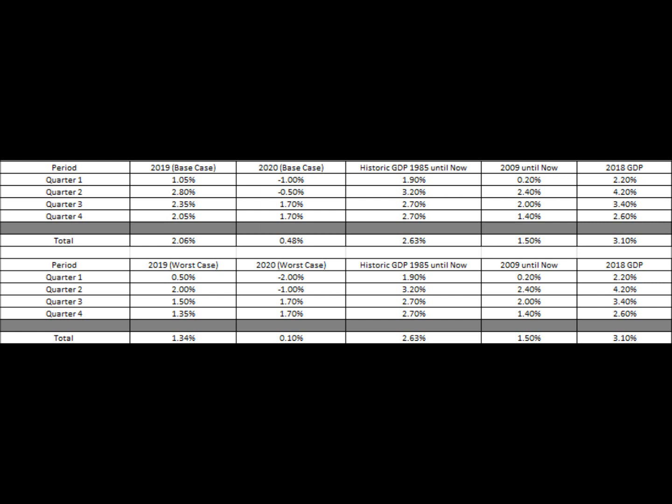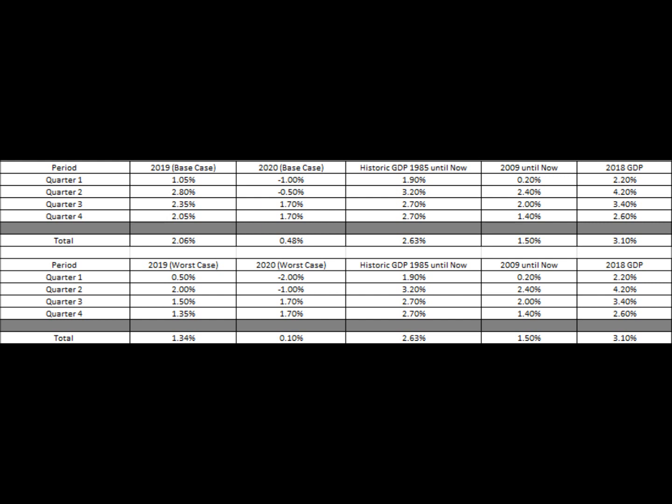And for my base case for 2020, I assume that 2019 is going to decelerate from the 2.9% to 3% growth that we had in 2018 down to 2.06%. And then my base case is still deceleration into the first quarter, which represents the first negative quarter, the 2020 quarter. I have as a base case a negative 1% for real GDP and a negative 0.5% for real GDP for the second quarter of 2020.